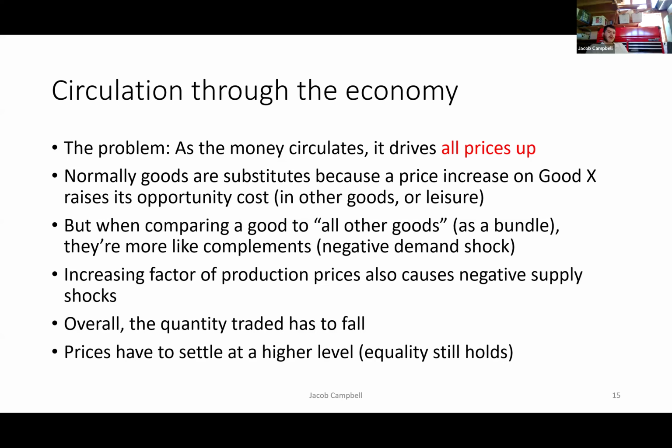And so, as the circulation of the currency, as this ripple effect of positive demand shocks drives up the prices of everything, it starts to turn from being positive demand shocks to negative demand shocks.